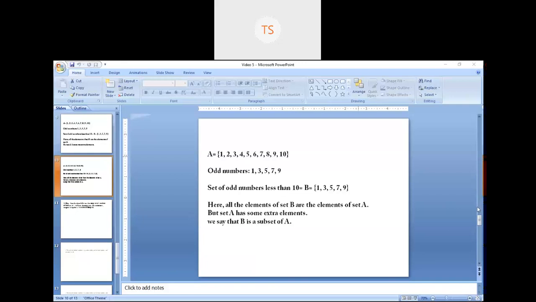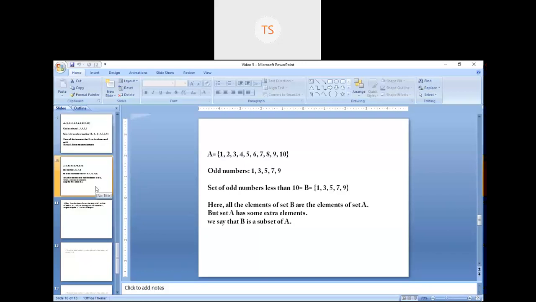So in this way also we can say that capital C, the set of even numbers less than 10, is also a subset of capital A. Okay. So this is about the subset.